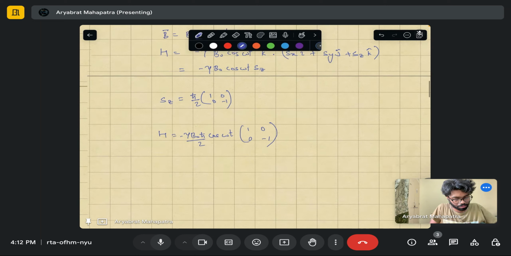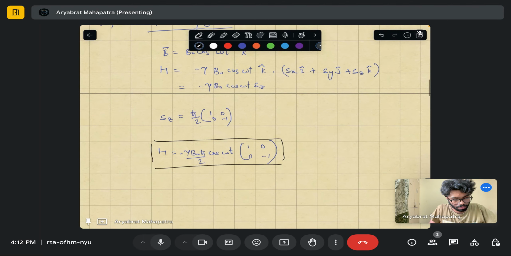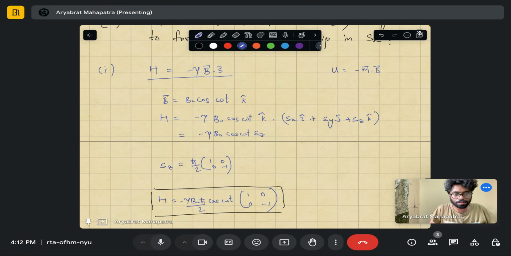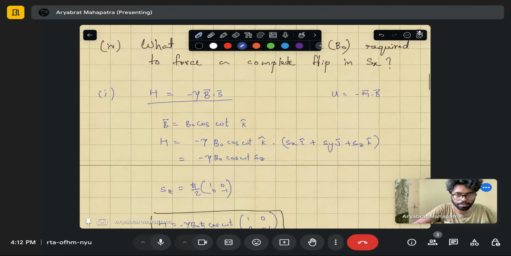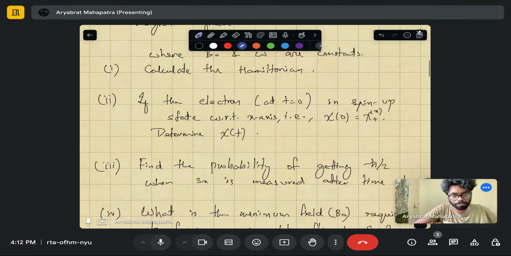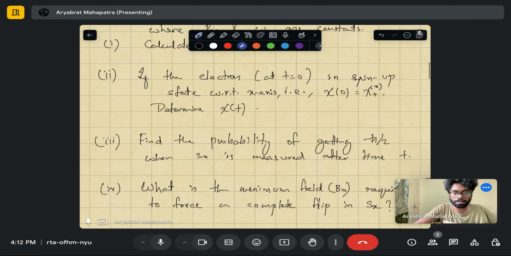So this will be our Hamiltonian. Is it fine? Did you get it right, or do you have any problem? You can speak.